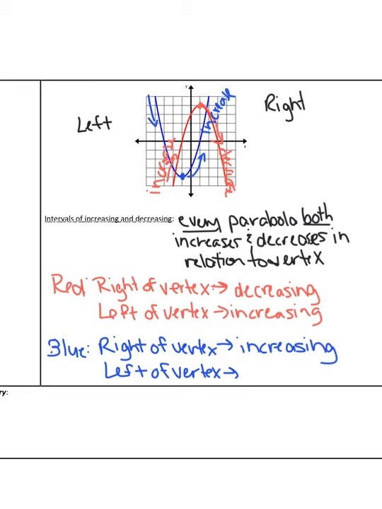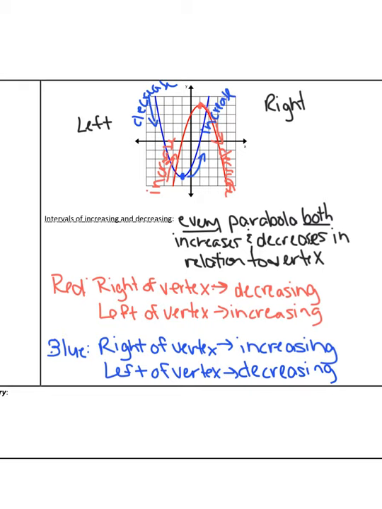Let me write that again. Can't write small up here for some reason. Decrease, that's an E. So it is decreasing. Left of the vertex, we're going down towards the vertex at the bottom, we're decreasing. Once we get to the bottom, we turn around and crawl back up, now we're increasing. So that's increasing and decreasing.